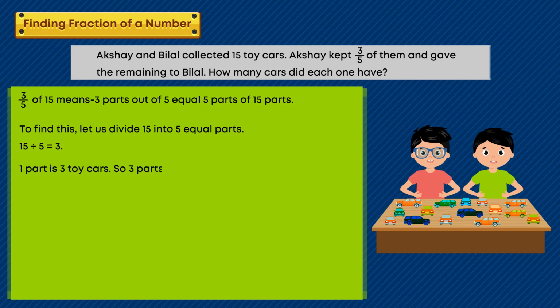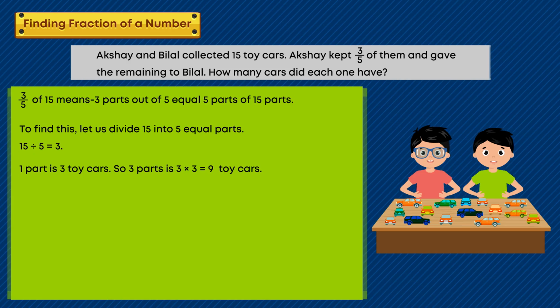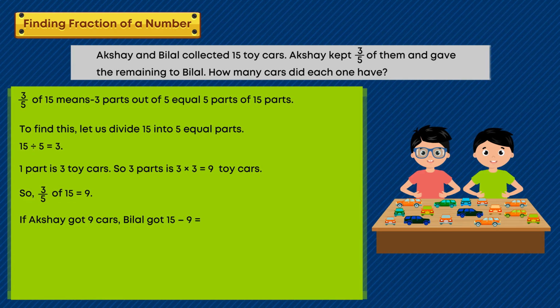So 3 parts is 3 into 3 is equal to 9 toy cars. So 3 by 5 of 15 is equal to 9. If Akshay got 9 cars, Bilal got 15 minus 9 is equal to 6 cars.